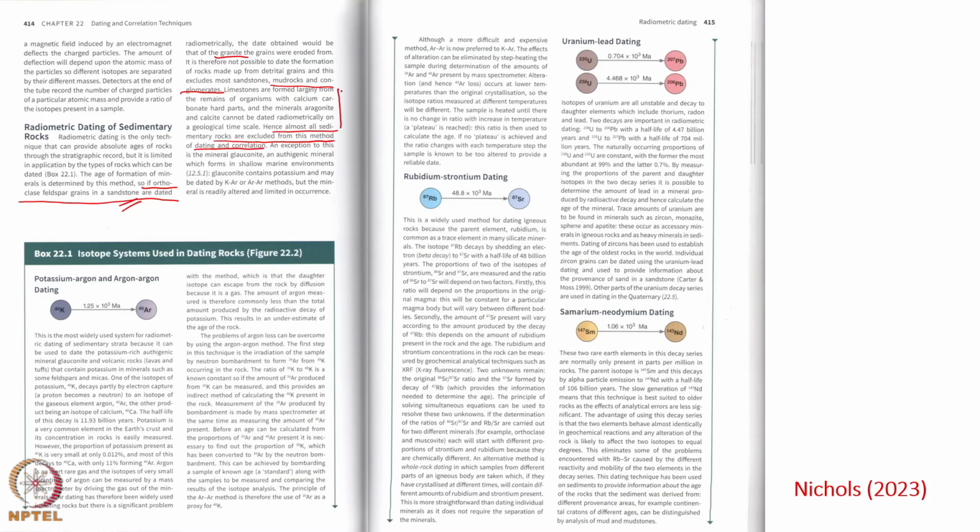A similar problem arises with limestone, CaCO3. The mineral glauconite is an exception, which is an authigenic mineral that forms in shallow marine environments. Glauconite contains potassium and may be dated by the potassium-argon or argon-argon method, but the mineral is readily altered and limited in occurrence. So, finding glauconite is an issue.